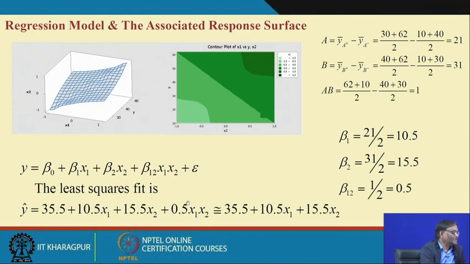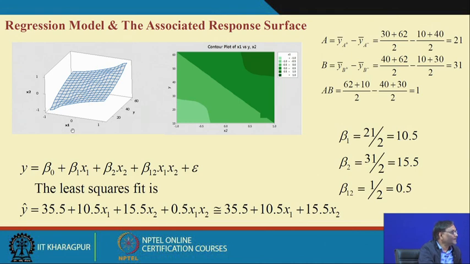Now, as this value is very small, if later we find that it is not significant, then this can be a reduced equation like this. That means it is a linear regression plane, and when you plot x1, x2 versus y, you will find a flat surface like this.